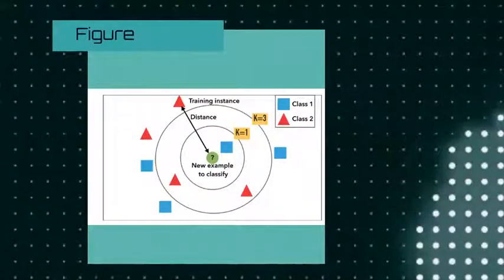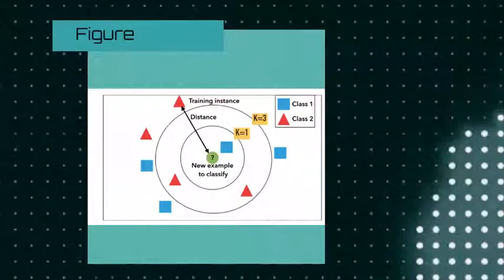Suppose this question mark is the new example to classify. Suppose I give k equals 1, so the nearest distance of this new example will be calculated from class 1 and class 2. Class 1 is the square and class 2 is the triangle. If this new example is nearer to class 1, then it will be classified as a square.